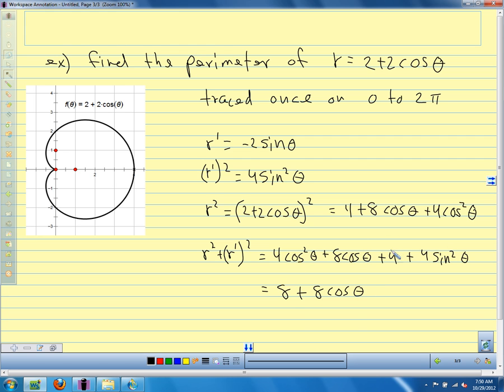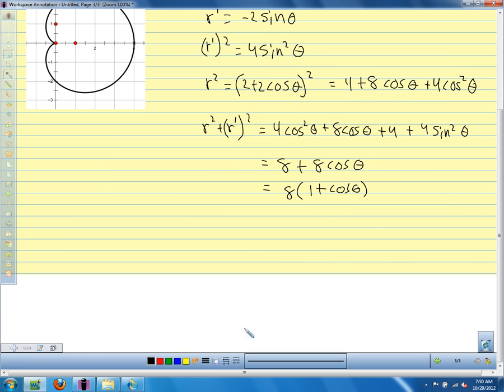So when this simplifies, we get 8 plus 8 cosine θ. The 4 from here combines with the 4 here to give me 8. I'm going to factor out the 8 and get 8 times (1 plus cosine θ). This is the expression that's going to go under my radical.